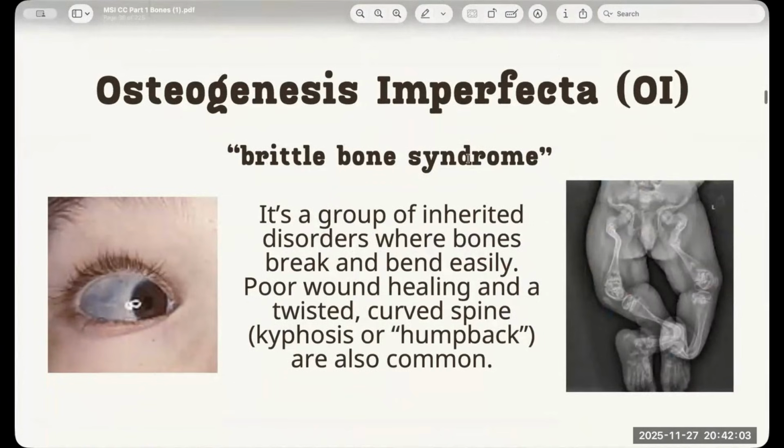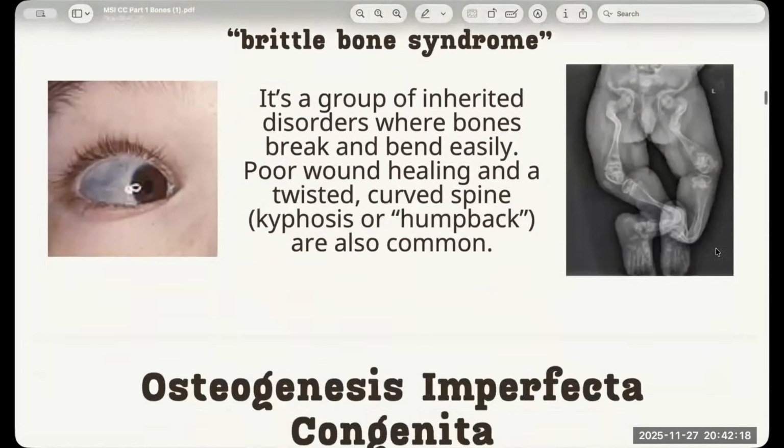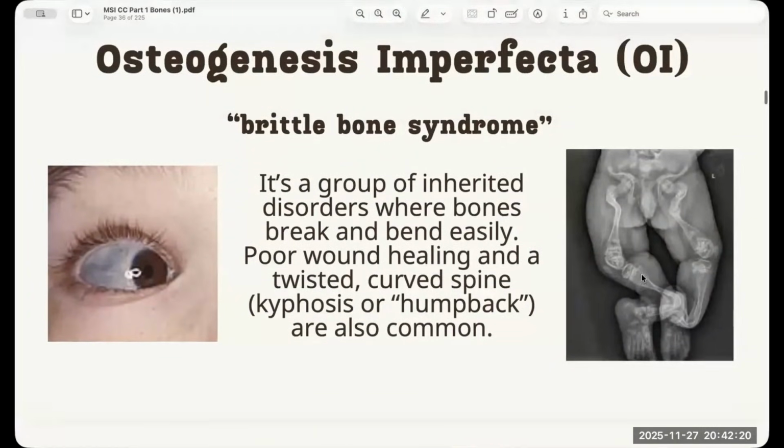Another disease is osteogenesis imperfecta. It is known as the brittle bone syndrome, and it's a group of inherited disorders where bones break and bend easily. All right. There is also poor wound healing and a twisted or curved spine, which is known as kyphosis. Pictures here. So here are the bones bending and twisting, and this is a blue sclera.